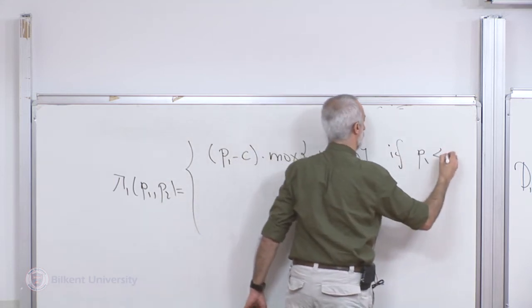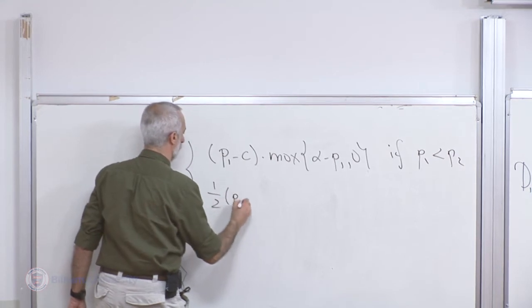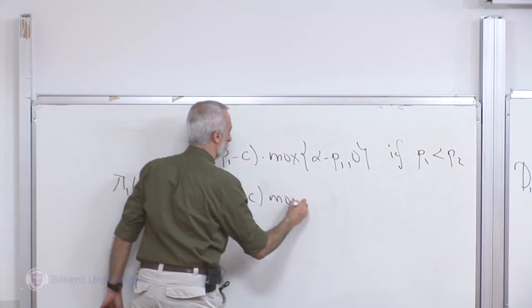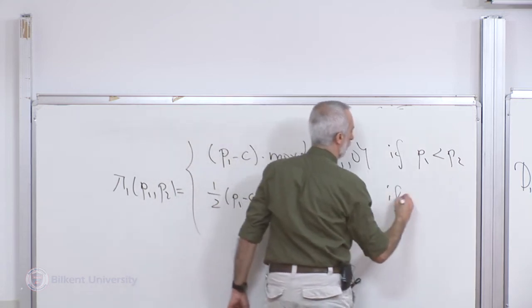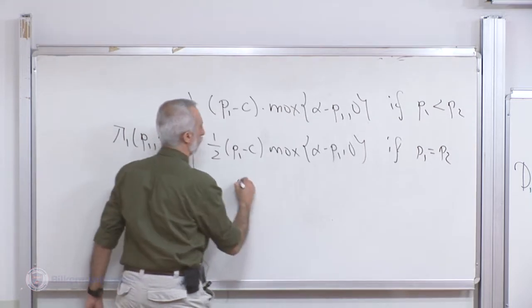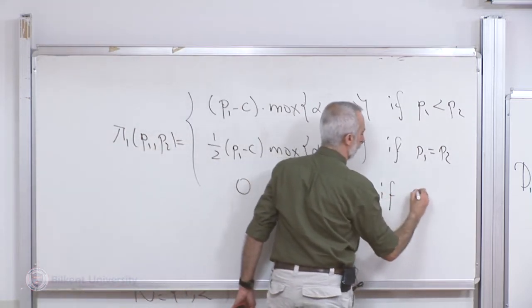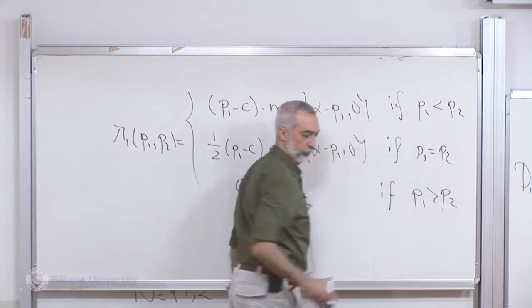If P1 is less than P2, it's 1 over 2 (P1 minus C) times the maximum of alpha minus P1 and 0. If P1 is equal to P2, and it's equal to 0 if P1 is bigger than P2.